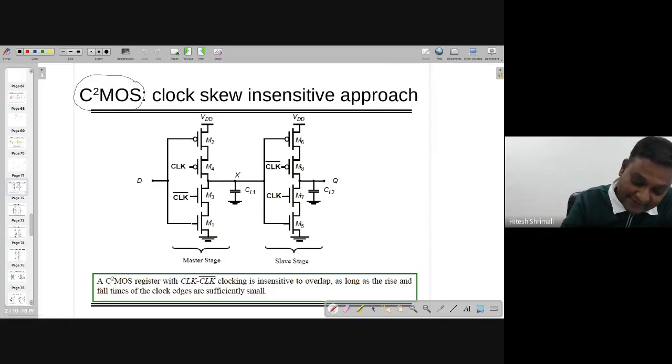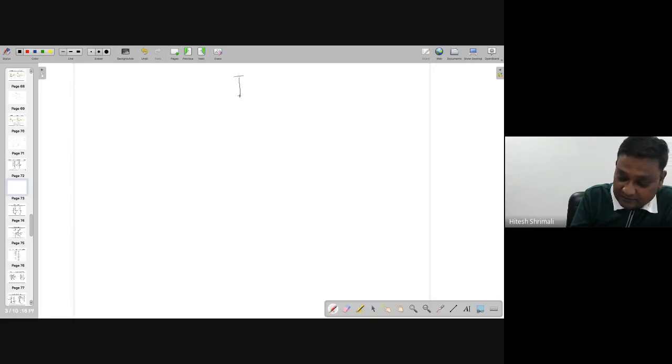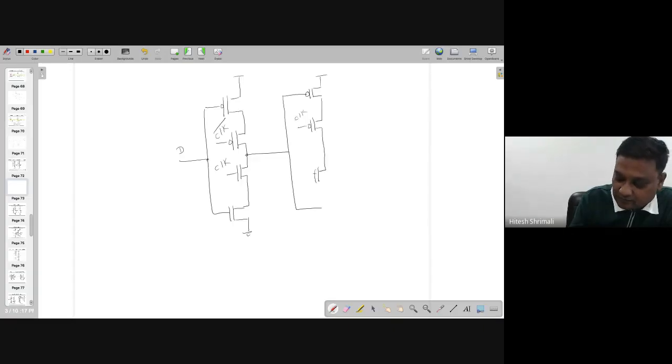So one technique says that if such an arrangement, so the first one was master, the second one is the slave, and this technique we are going to call C-square MOS.